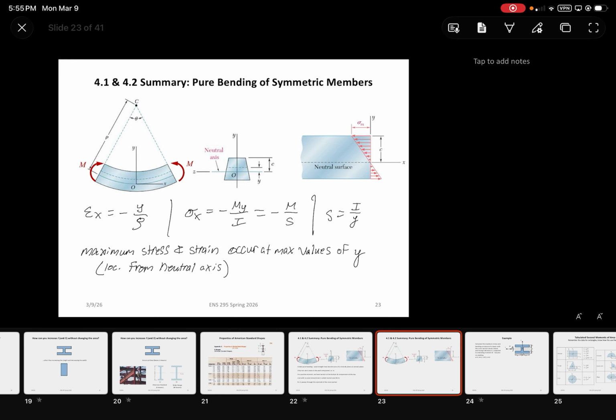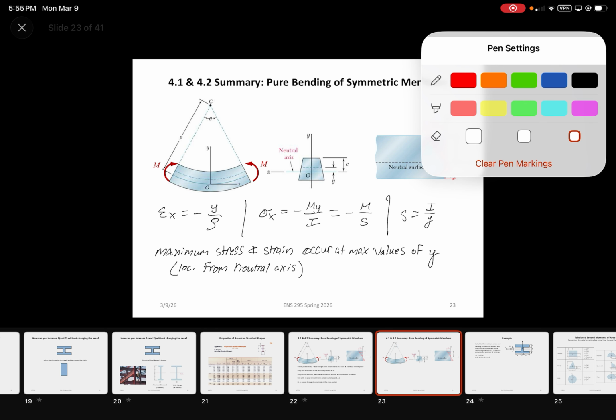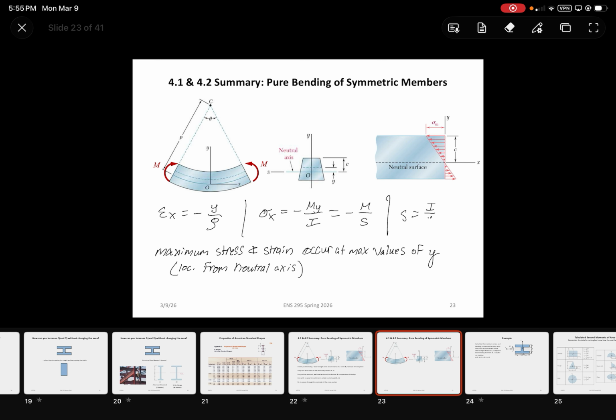Or better yet, instead of y, it was equal to I over our coordinate c, because c was the location furthest away from the neutral axis. So the max value of y, whatever it is, is just going to be c.